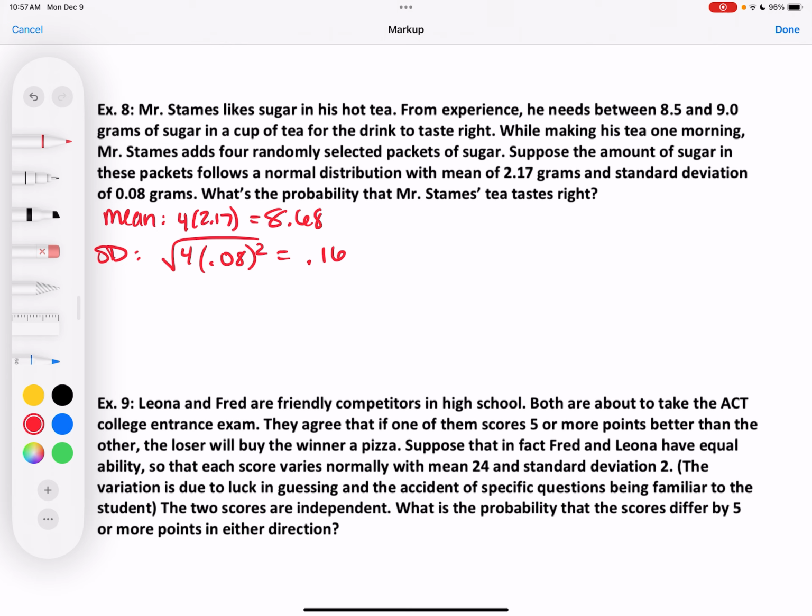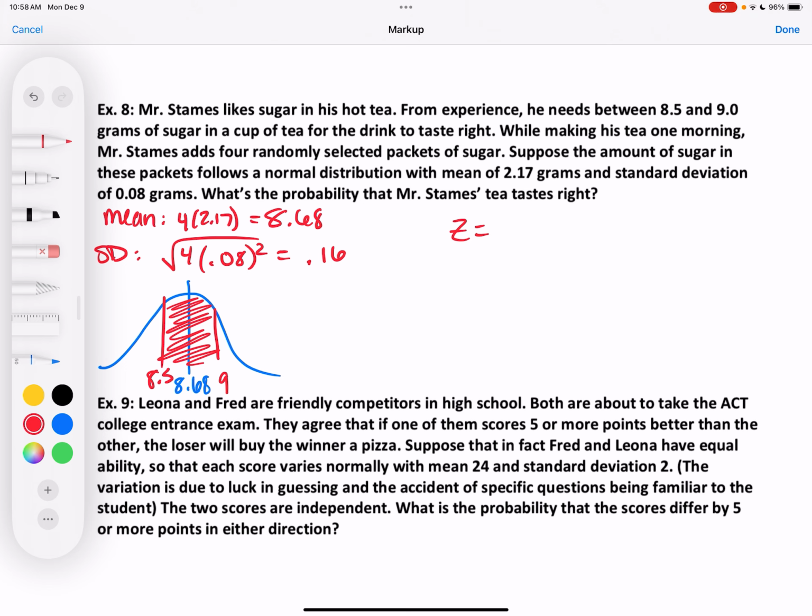So we know that 8.68 is the mean, so I'm going to look at my little distribution here. I've got 8.68, but he wants it between 8.5 and 9. This is probably not drawn to scale, because it's more than 1 standard deviation away. But we're looking for this area in here. So I need to find my z-scores first. z equals x bar minus mu over the standard deviation.